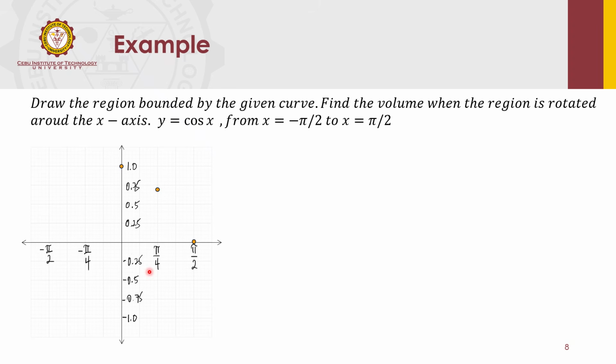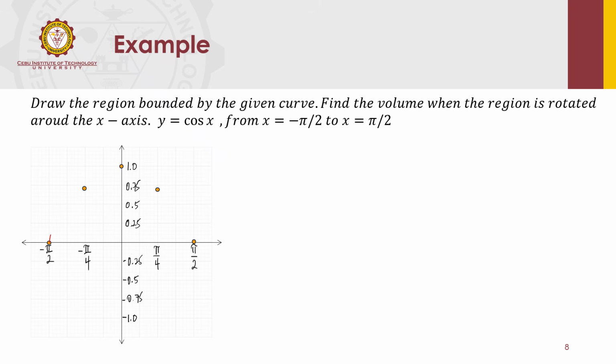All right, and to the left of the y-axis, we have negative pi over 4, which is 0.7, and for negative pi over 2, it's 0. So we now have the 5 points complete from negative pi over 2 to pi over 2. We now trace the curve using a smooth curve.